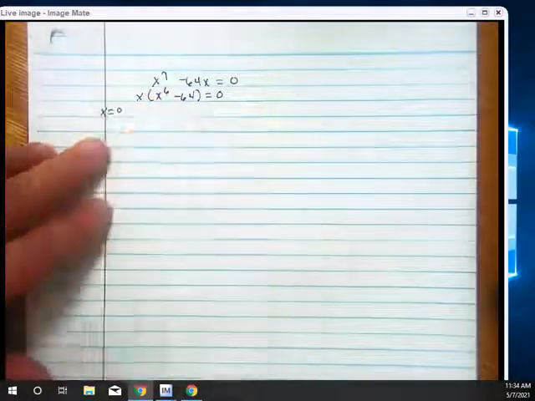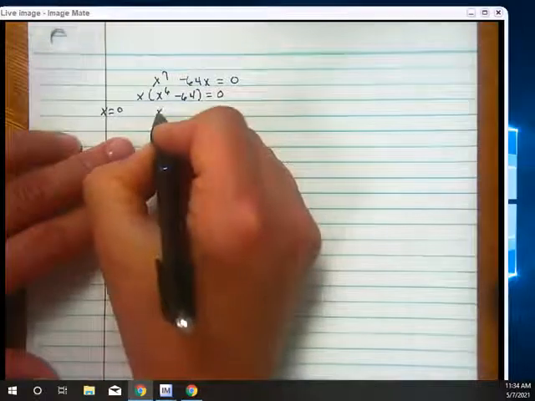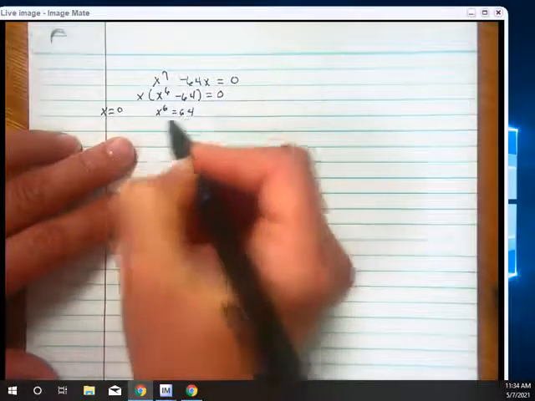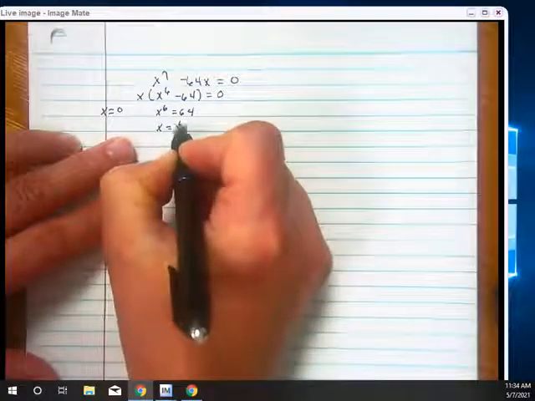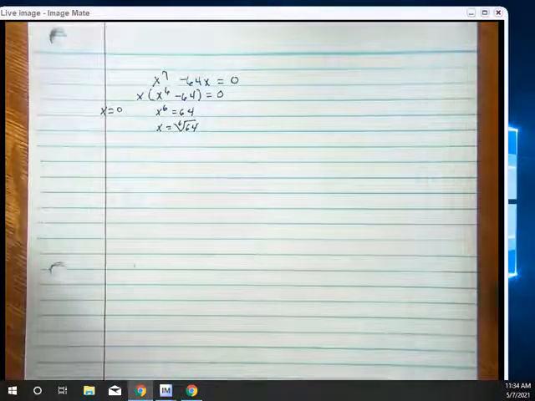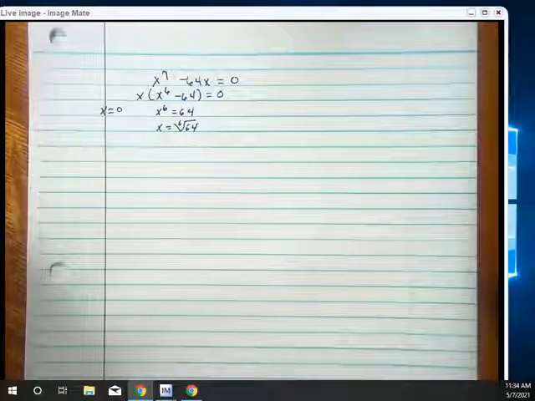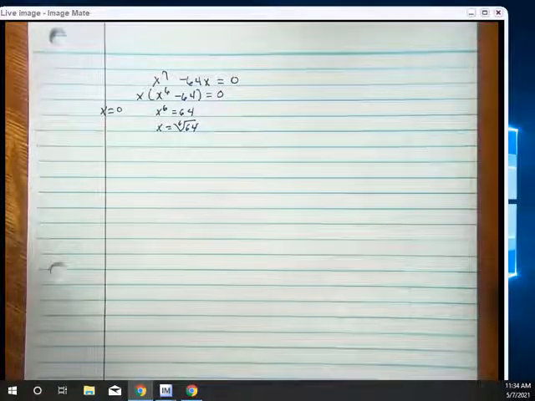X equals 0 is a real number. Now we're having to do the 6th root of 64. What is the 6th root of 64? It's probably 2.